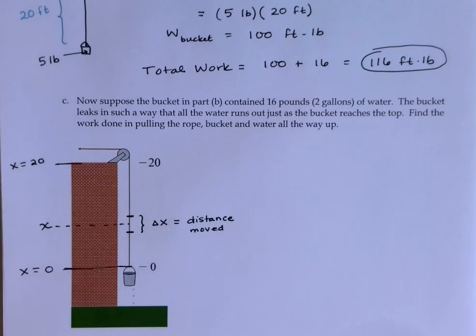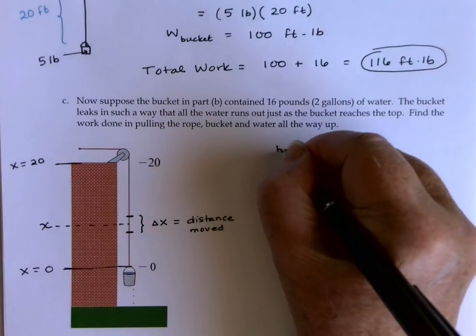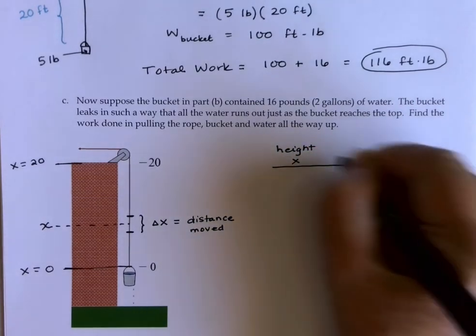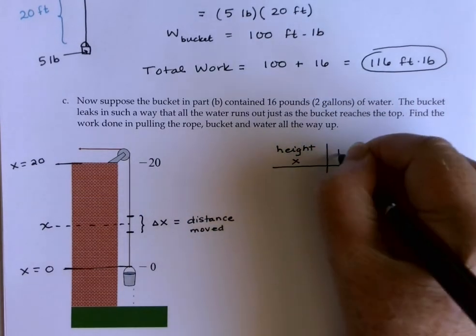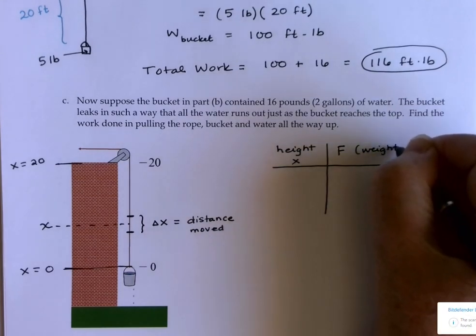I need to figure out what weight of water is in the bucket at that particular height. There's lots of ways to do this. For me, the simplest way is just to figure out the little linear equation that I would get. I'm going to say at height x, what is the force or weight of water?